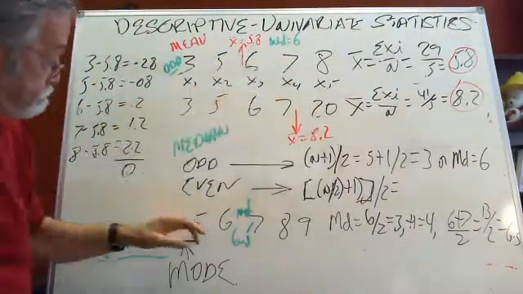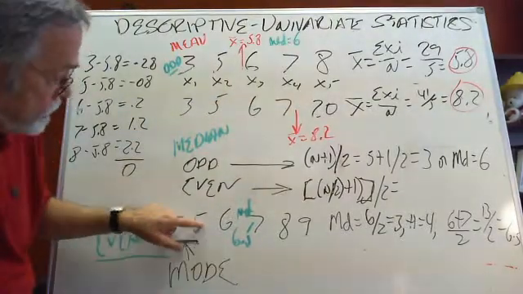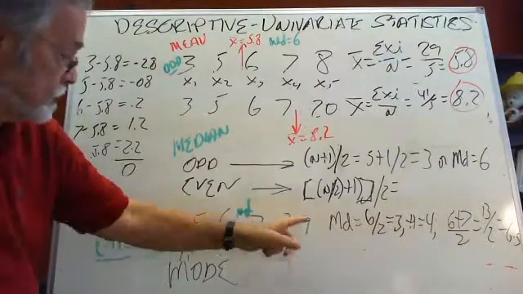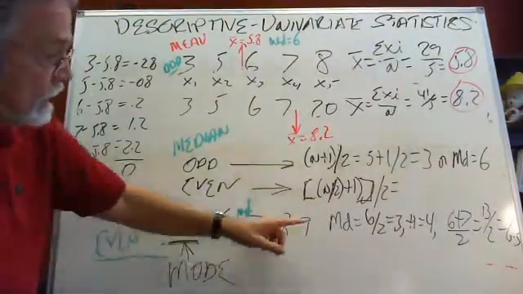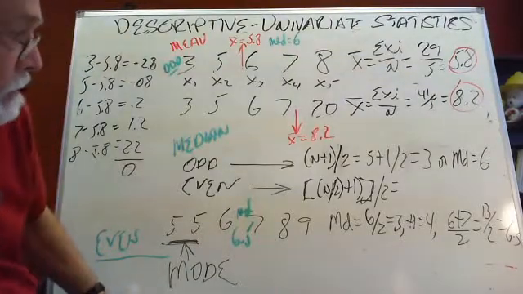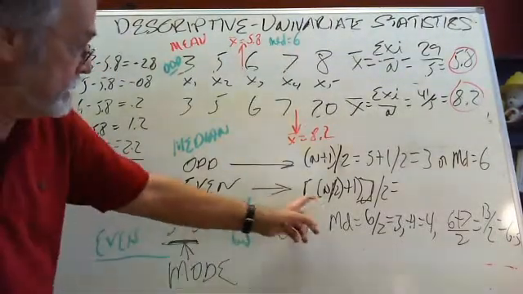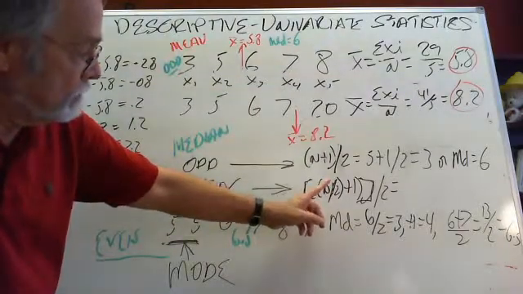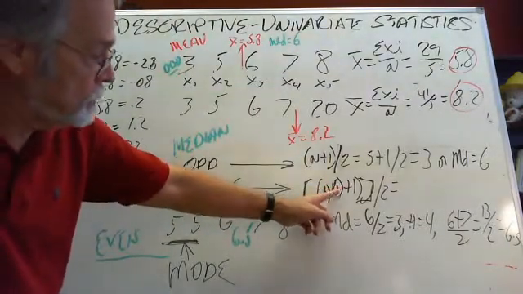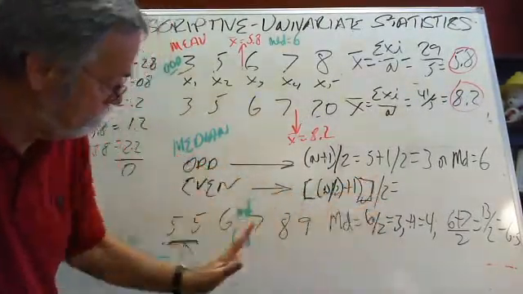Now, that's when it's odd. When the distribution is even, such as this one, 1, 2, 3, 4, 5, and 6, the median then is, where are we here? It's the number in the distribution divided by 2, and then plus 1, and then divide that by 2.